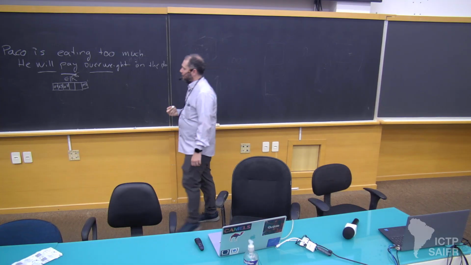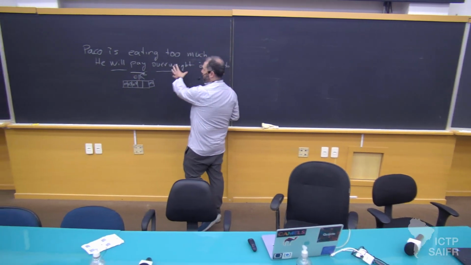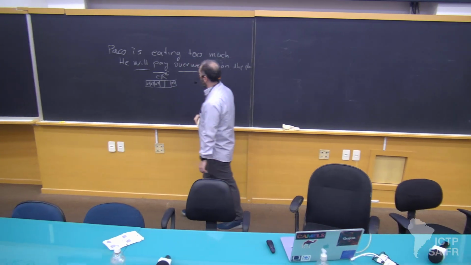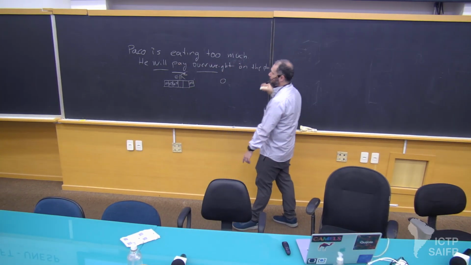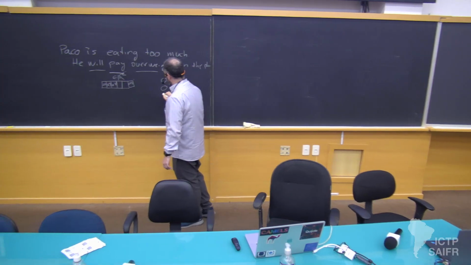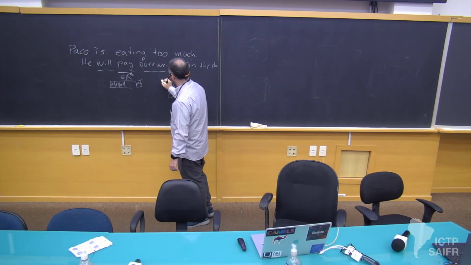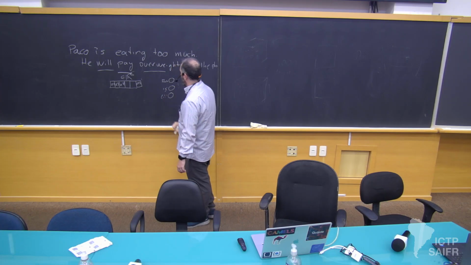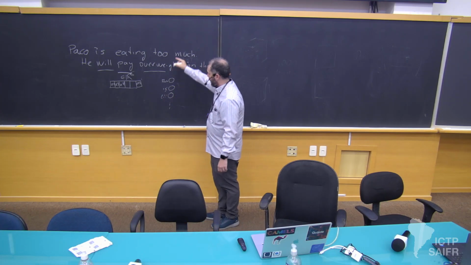Now I will have some set of neurons. This is going to be one neuron. I'm going to take the whole sentence and flatten it. This will represent Paco, this will represent is, this will represent eating, and so on.